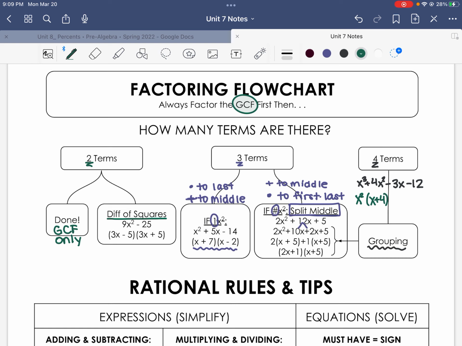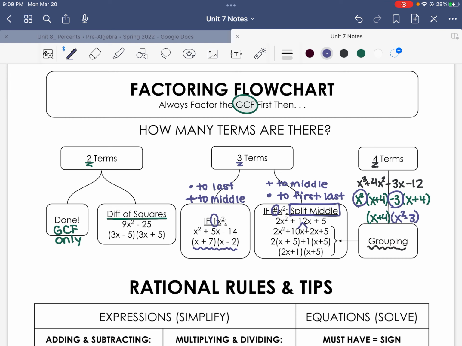And you can divide negative 3 and negative 12 by negative 3, leaving you with x plus 4. The whole parentheses should match, which it does. And then the two numbers that are on the outside, x squared minus 3, go in the other parentheses, like so. So there's an example if you need an extra one over there.